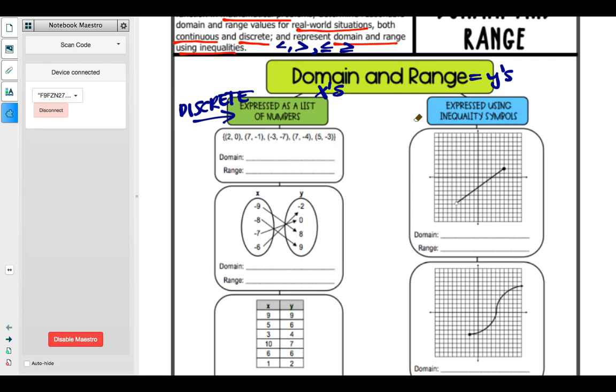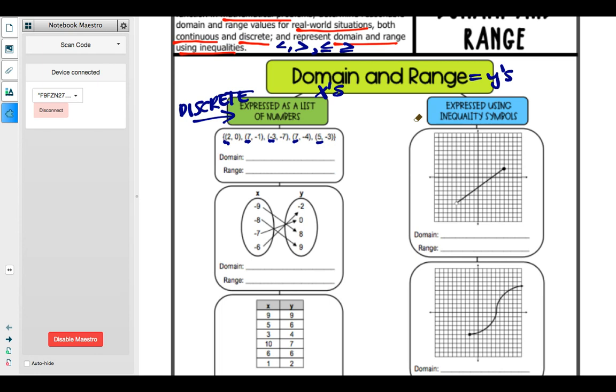Here we have a list of ordered pairs. And I already mentioned that domain is our x values. So when we list domain as a list of numbers, it's just simply all of our x values that we are going to list. And really, that's about it.